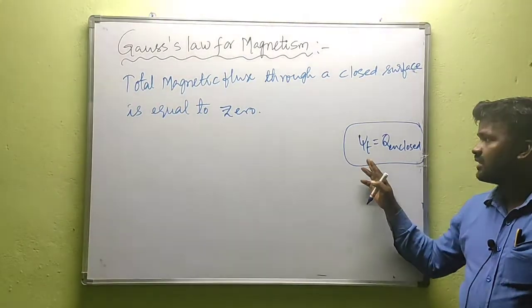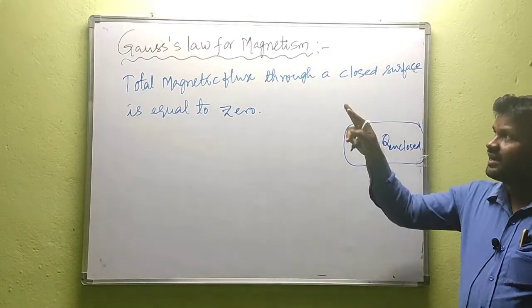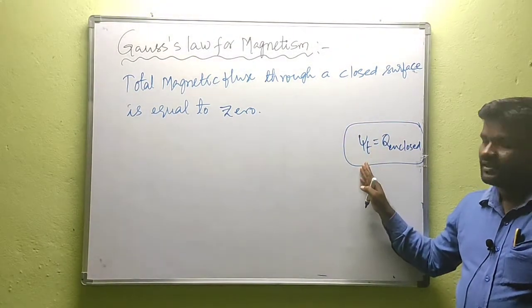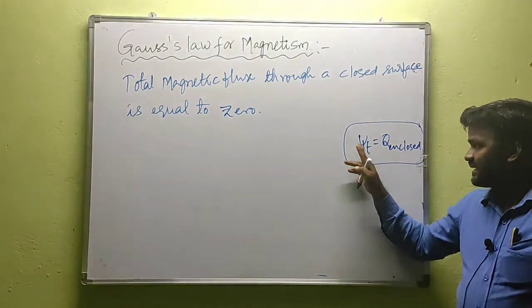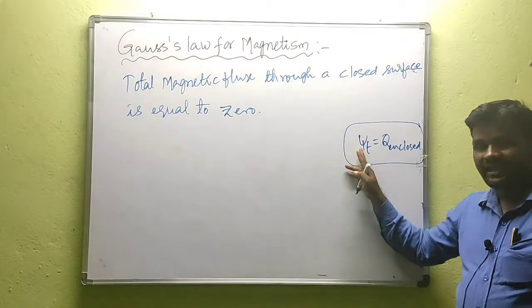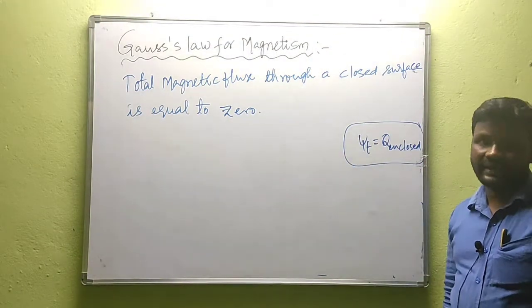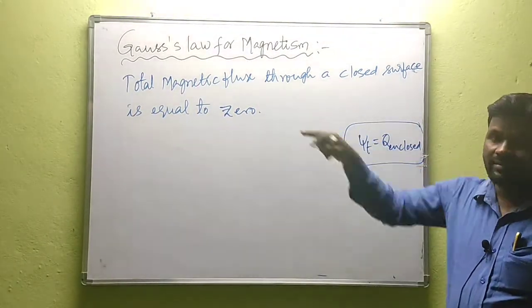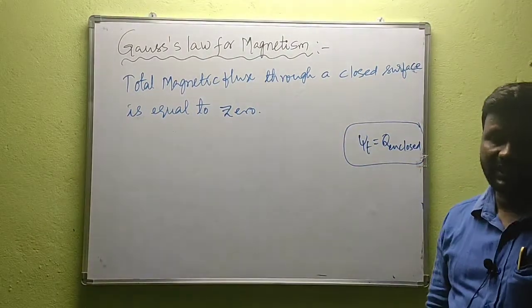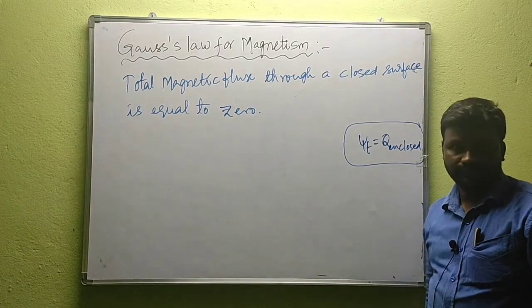So in case of the Gauss law for electricity, it is related to electric flux. Similarly, Gauss law for magnetism is related to magnetic flux. So the statement of Gauss law for magnetism is: total magnetic flux through a closed surface is equal to 0.